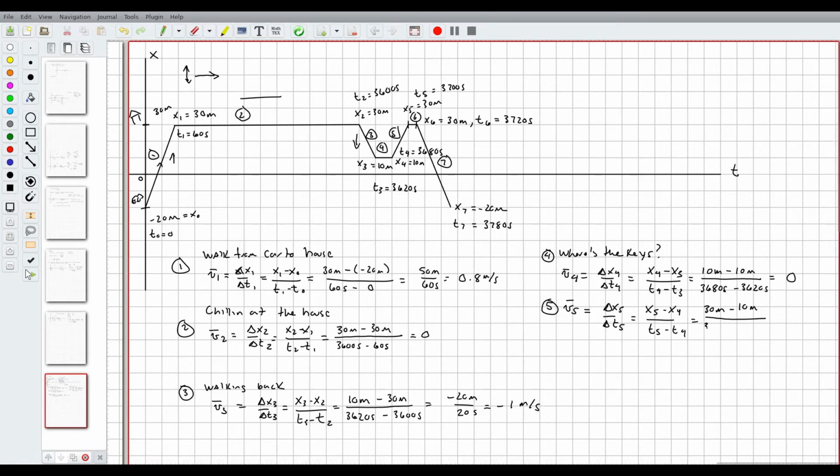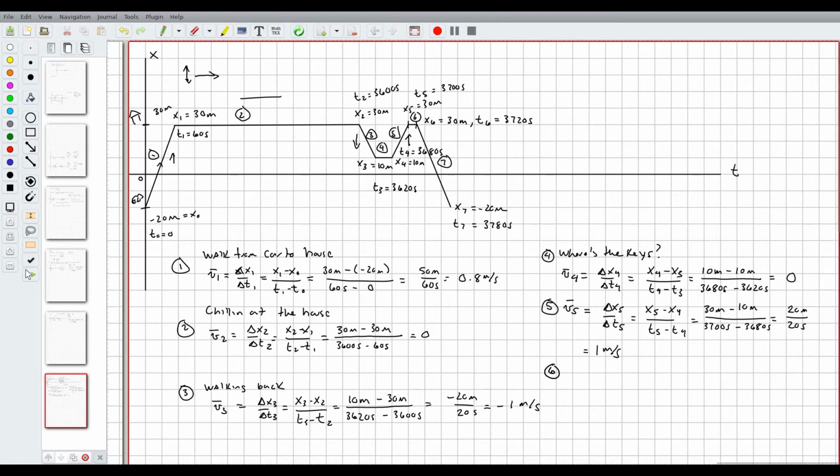When we got back to the house, 3,700 seconds had elapsed, starting at 3680. So, once again, 20 meters over 20 seconds: 1 meter per second. But look, now it's positive, because for this leg of the journey we're going back towards the house, which is the positive x direction.